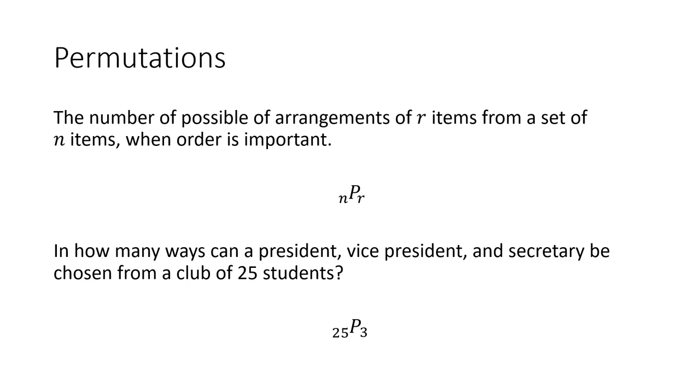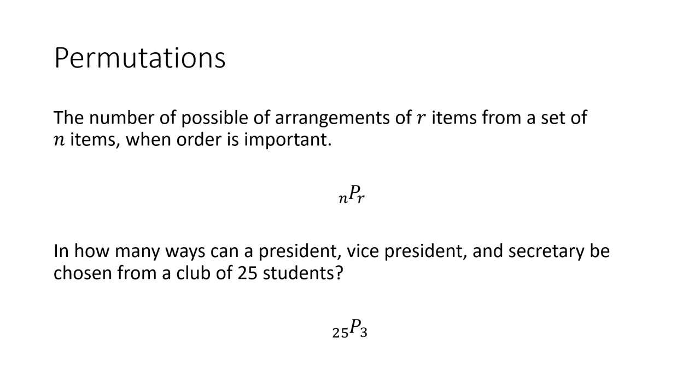So a lot on the screen right now, but basically a permutation is when you want to pick R items from a set of N items. So in the previous example, we wanted to pick 3 people out of a group of 25. Okay, so we were choosing a president, vice president, secretary, so 3 different people from a total of 25.